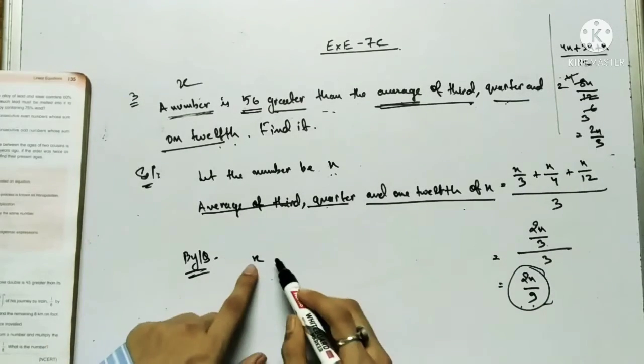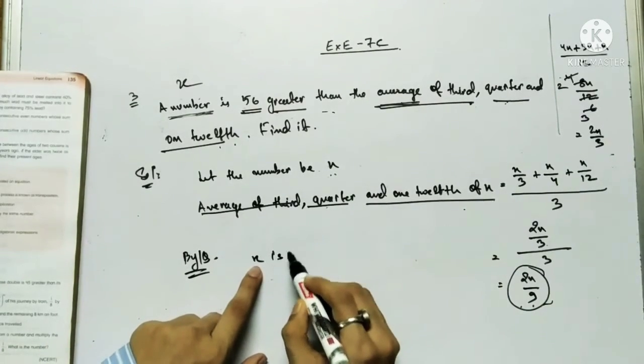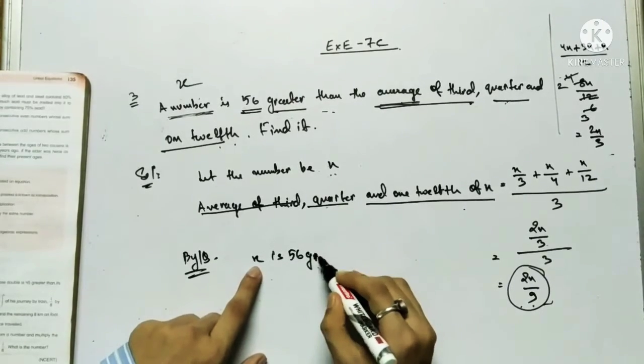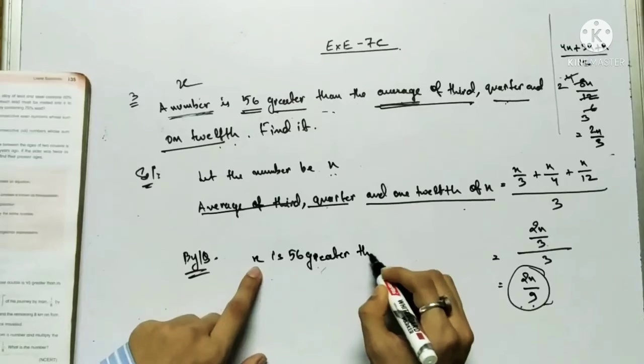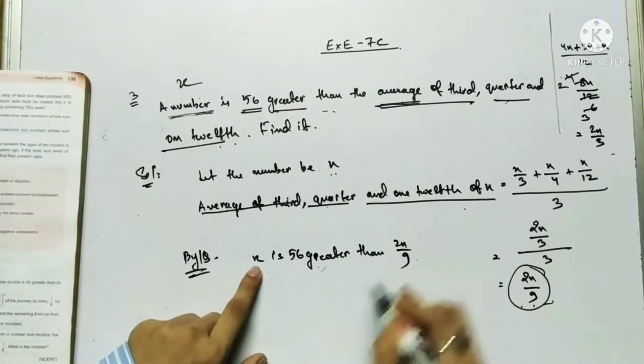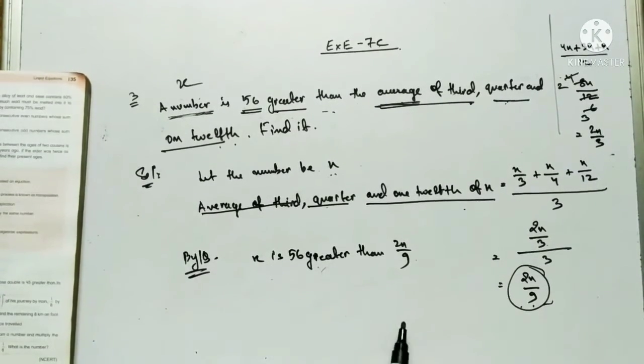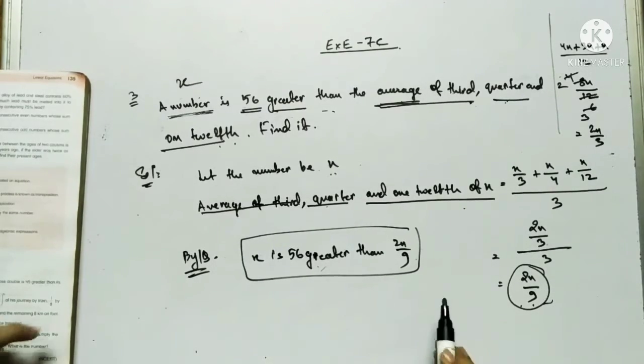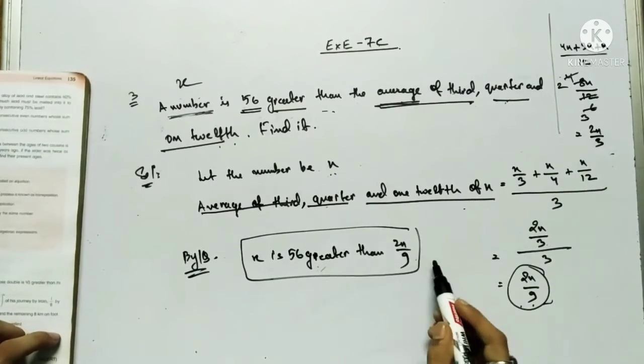Yes or no? So therefore, according to the question, x is 56 greater than 2x/9. This is the sentence I will have to make the equation. Understand?